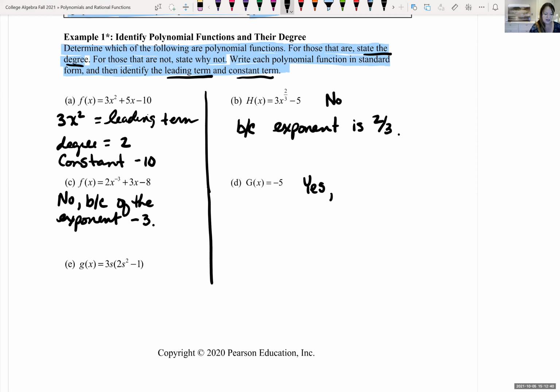And recall that if you had x to the 0 power, x can't be 0 though, this is 1. And so we can think of this, if you wanted to, as negative 5 times x to the 0 power. And so our degree is 0.